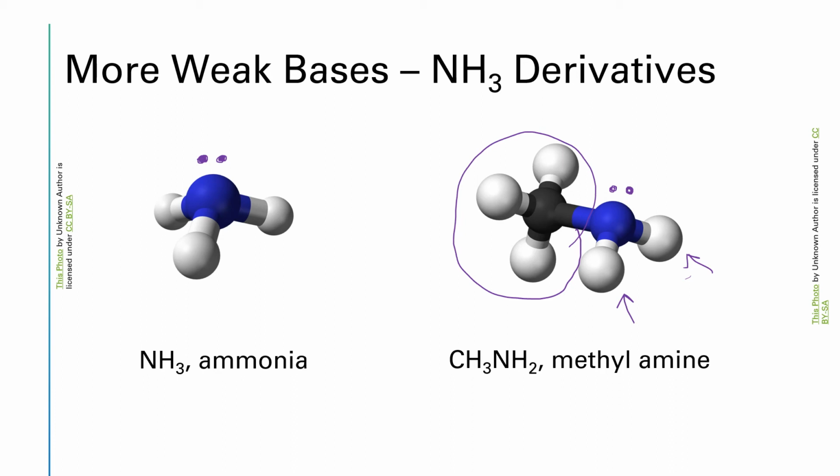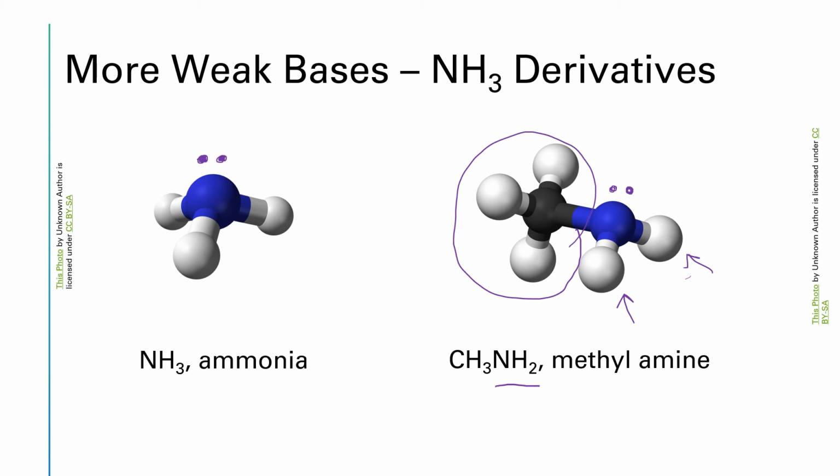And so the formula now, instead of being NH3, well, there are only 2 hydrogens, so it ends with NH2. And then it also has a CH3 group on it, so we write CH3NH2. CH3 is known as a methyl group. The prefix meth in organic chemistry means that you have 1 carbon. So a carbon with 3 hydrogens is referred to as a methyl.